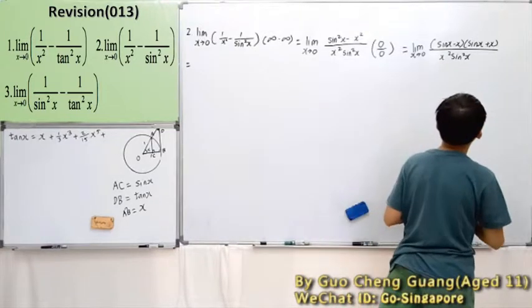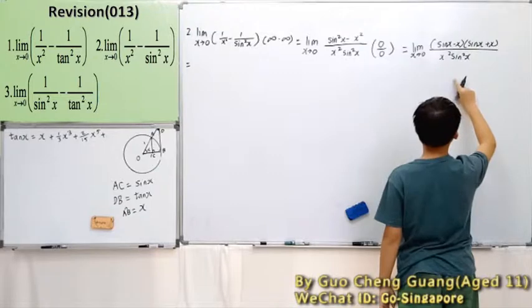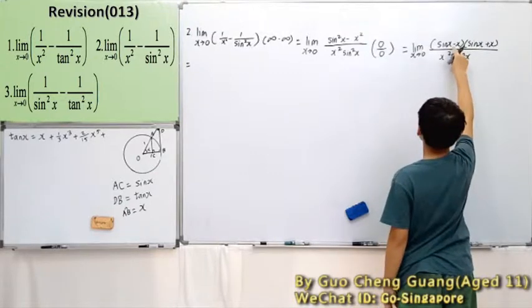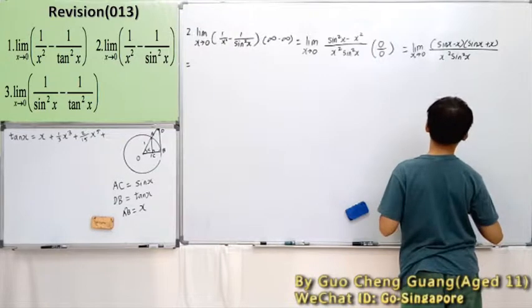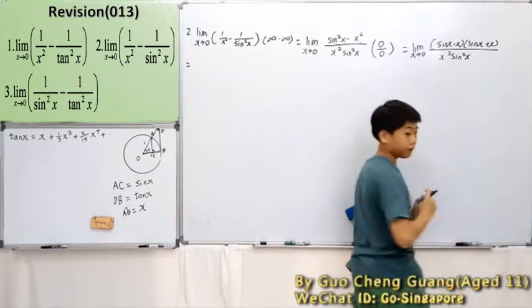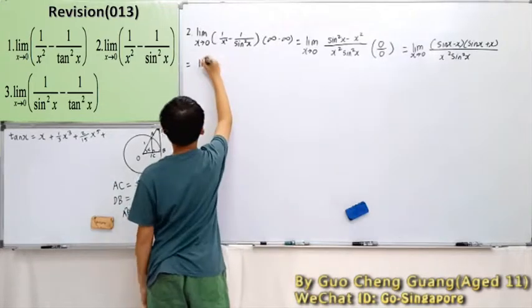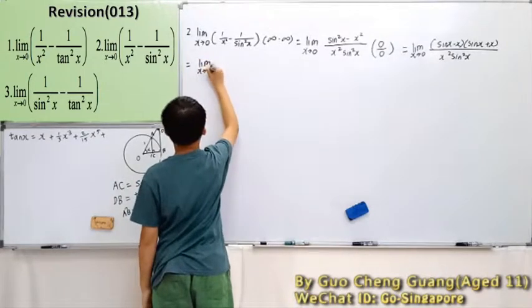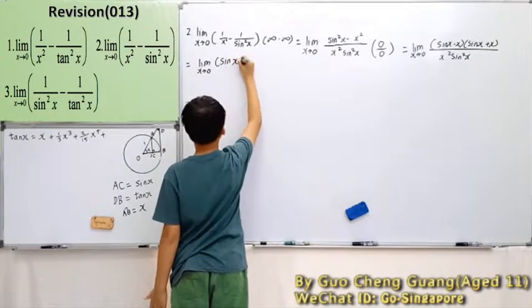Then the next. What can we try to remove from here? If you divide by x for both of these, it's still a 0, since it's just 1 minus 1. But how about the other part? You get 1 plus 1. So let me write out what it will be like. That gets us that 2.